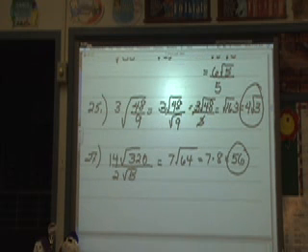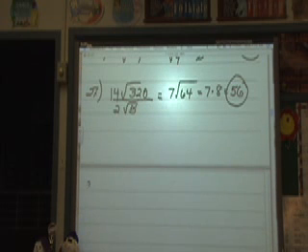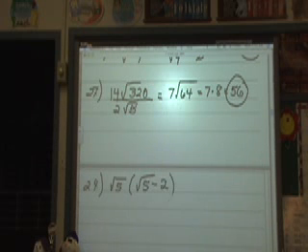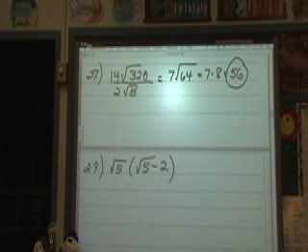Number 29. We have the distributive property. So everything inside the parentheses is multiplied by radical 5. Maria? So square root of 5 times the square root of 5 is square root of 25.